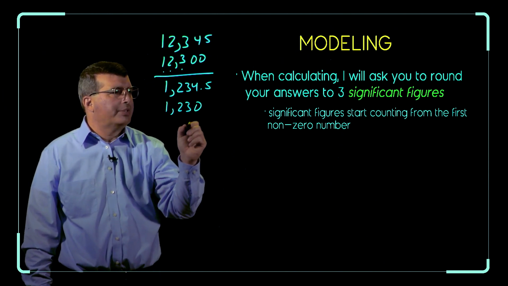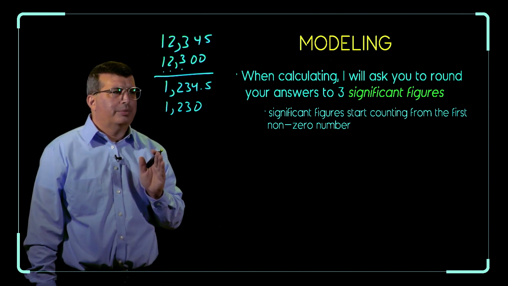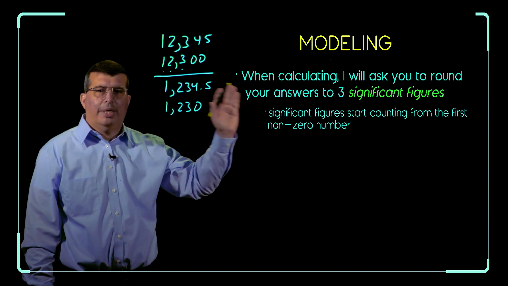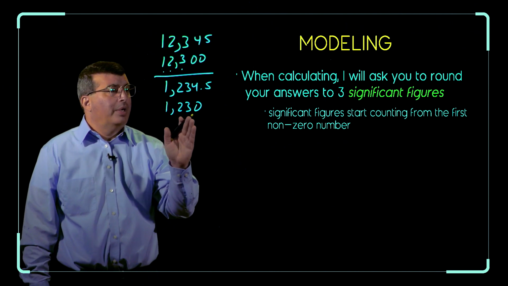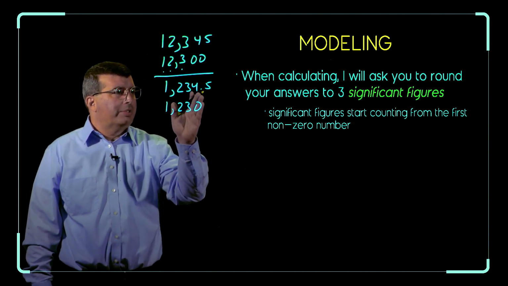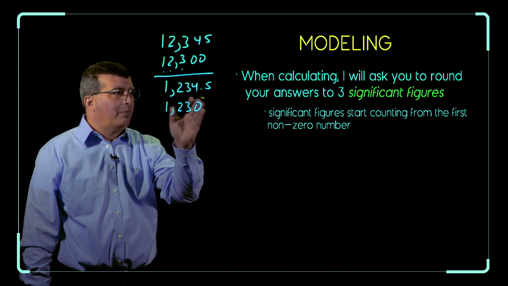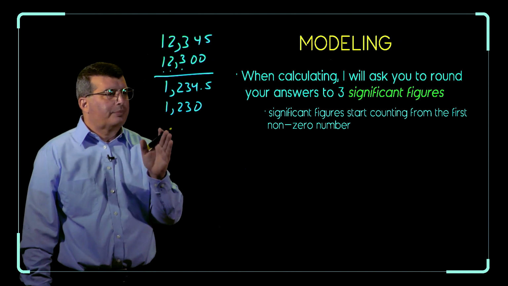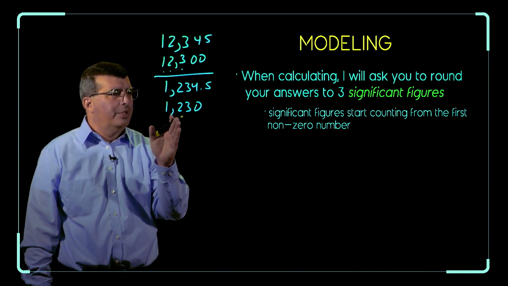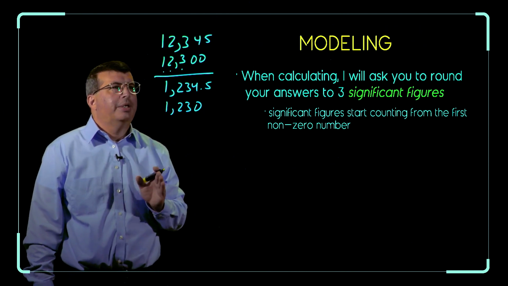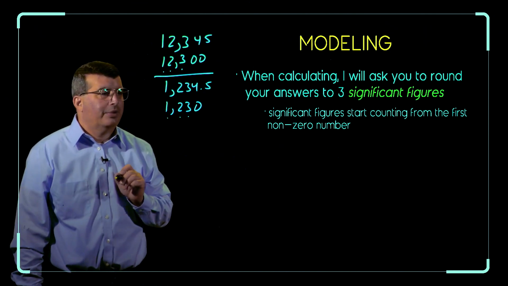The 4 rounds down to 0. Now, I would not write 0.0, because zeros written after the decimal are assumed to be significant. Since the 4 is not significant and the 5 is not significant, I would not write 0.0. I would just write the first 3 numbers, 1,230, okay? So the 1, the 2, and the 3 are all significant figures.